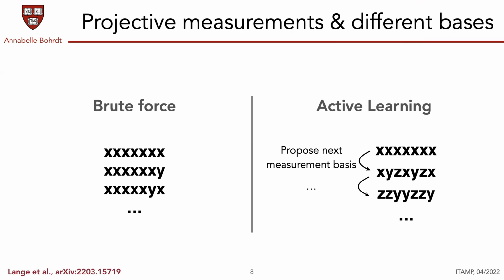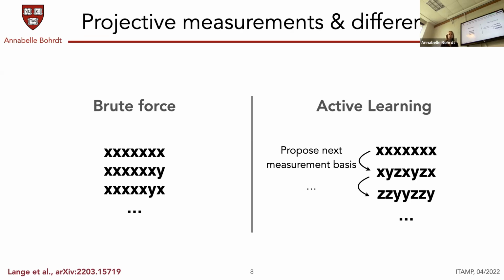So basically, the point is that as soon as you take any measurements of the system, you have some information about the state. And that means not all of these basis configurations will have the same information content for the particular quantum state at hand. And therefore, if we look for which basis configuration will give us the most information, given that we already know something about the state, we hopefully can greatly reduce the number of overall configurations that we need.